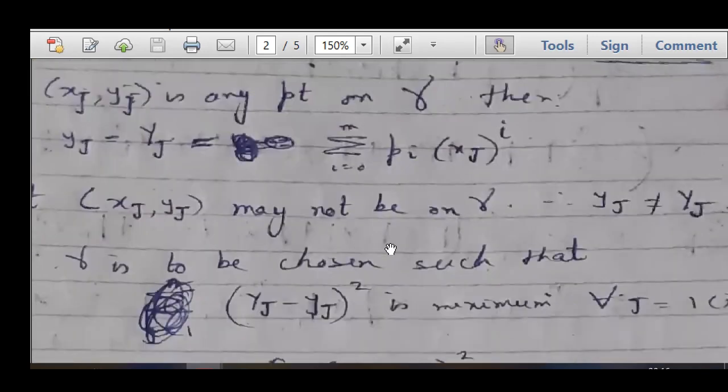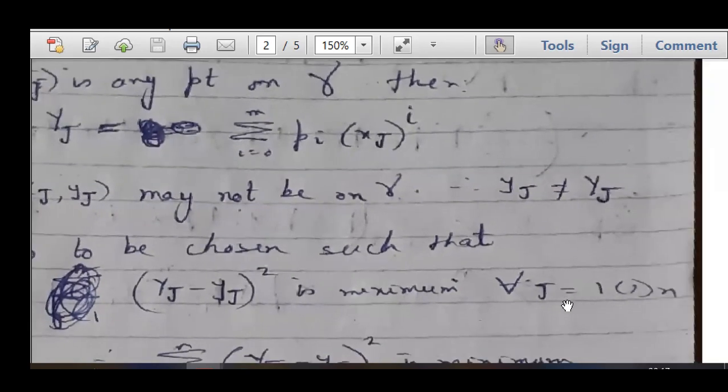Now we are trying to find the curve of best fit. Which curve will be the best fitting? That curve for which this distance is the minimum for every j you consider, that means for every observed data point. This is the motive of construction of the curve of best fit.